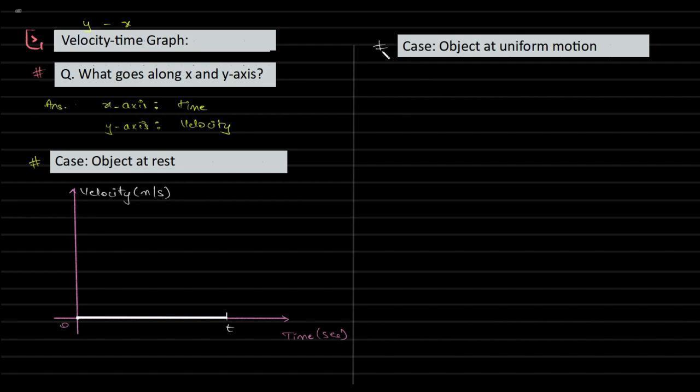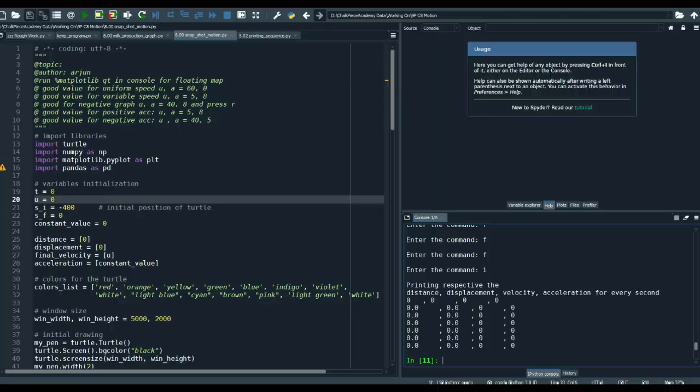Now the next thing is, if an object is under uniform motion, how will it look under a velocity time graph? With this we'll revise the distance time graph also. That would be helpful. So let's look at a scenario wherein the object is not accelerating.